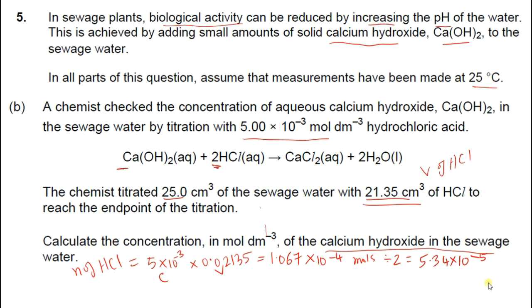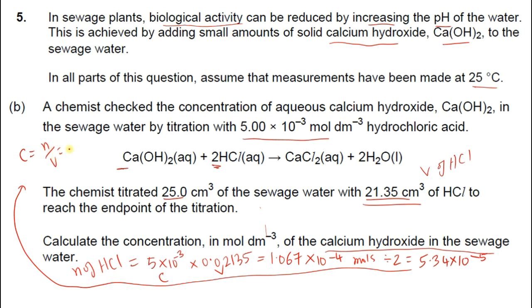Now we're going to work out the concentration. So we got the moles, we got the volume. Without running out of space, I'm going to put that here, because the concentration of the calcium hydroxide would be n over V. And we have used that much sewage water, right?